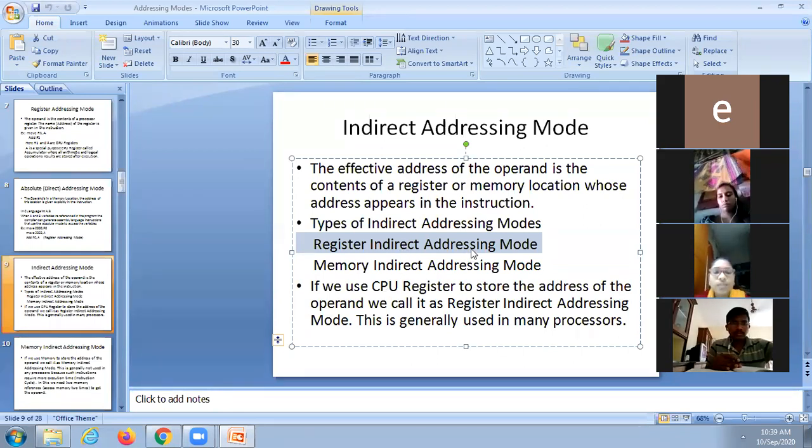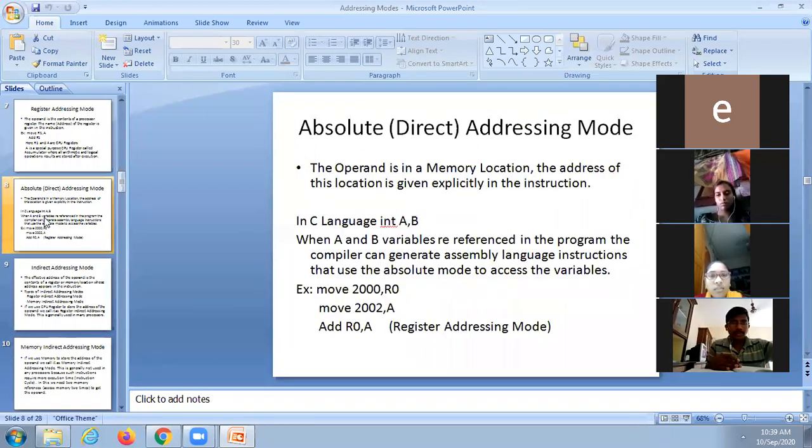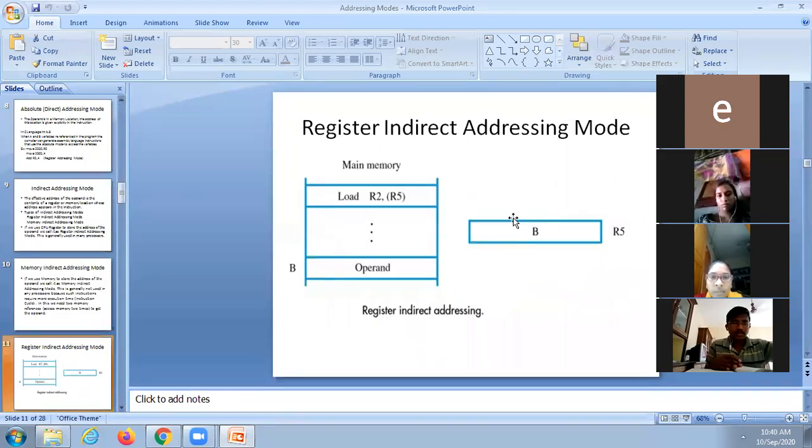In the register addressing mode, I have given the example. This is the register indirect addressing mode, where R5 is a CPU register which contains the address of the operand. The operand, the value, is not in R5.